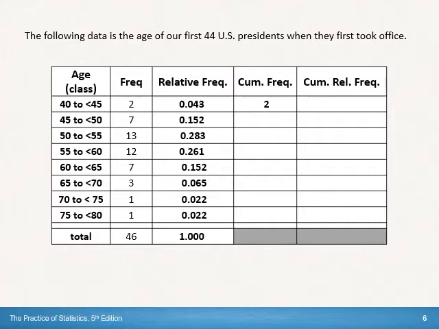So you can see that there are 9 presidents under the age of 50. So we're simply doing a running total. So 2 plus 7 is 9. The next one we'll do is we'll add 13, the next value, to the previous total of 9. So you can see the number of presidents that were under age 55 was 22. And we can continue this process for the rest of them.